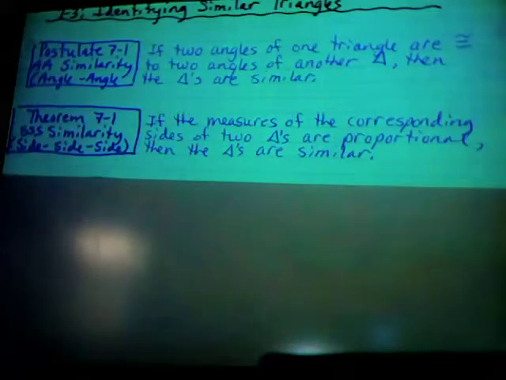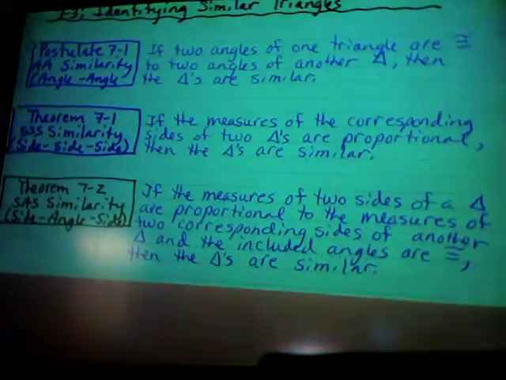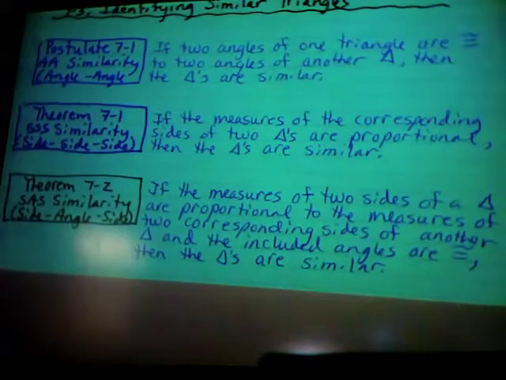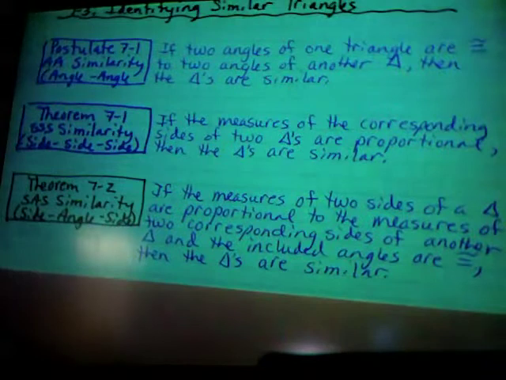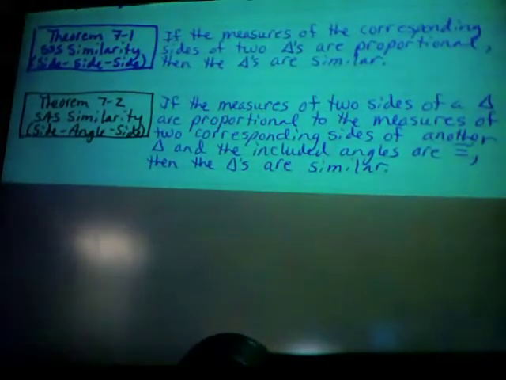And then the last one is side-angle-side, SAS, similarity. And you're going to have to tack on the word similarity. You can't just say SAS, because otherwise I don't know if you're talking about the congruence theorem or the similarity theorem.